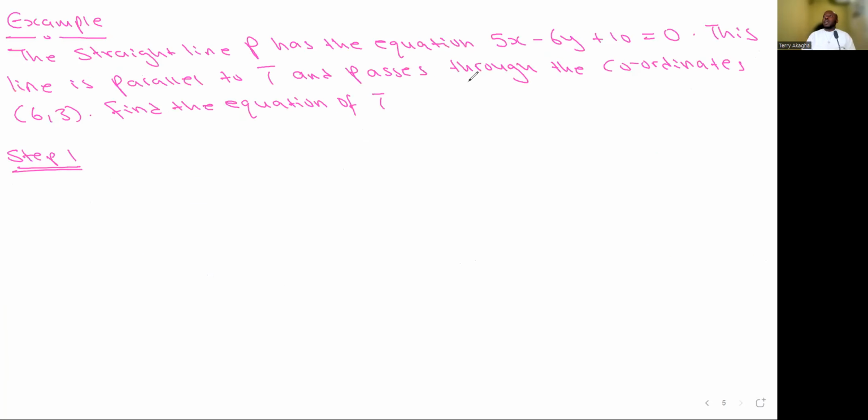So let's go. Now, the straight line P, so that means the y1 now is P, but it was written as 5x minus 6y plus 10 equal to 0. What does this suggest? This suggests that this was written in standard form.